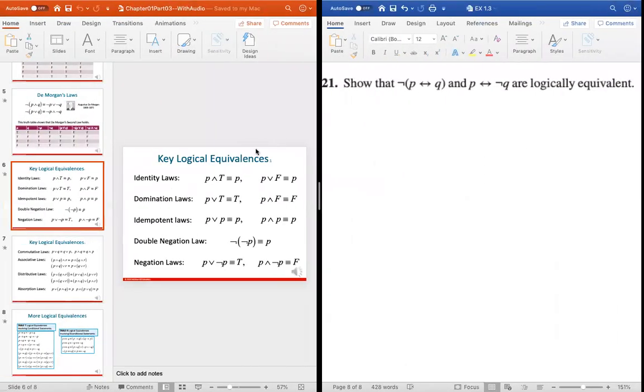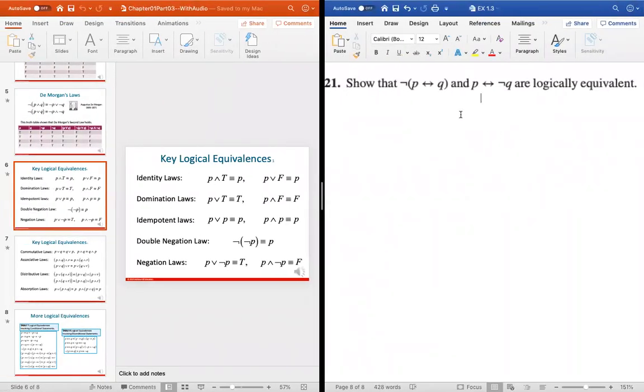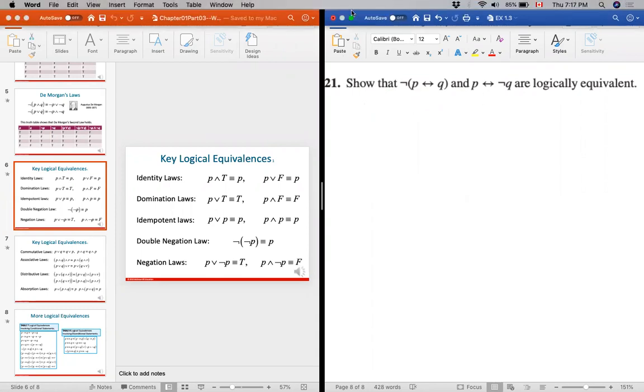So let's take a last example for today's tutorial. Here we have this propositional statement, and we are asked to determine if it is logically equivalent or not.